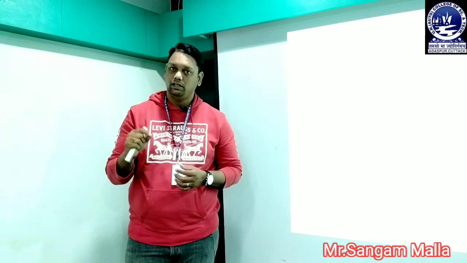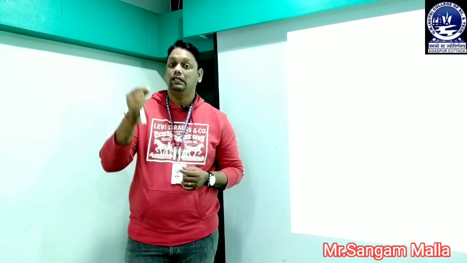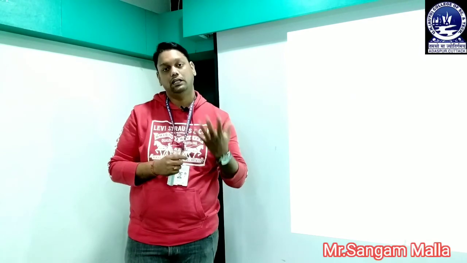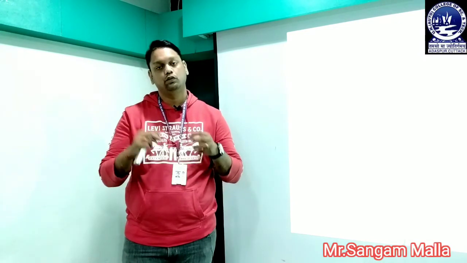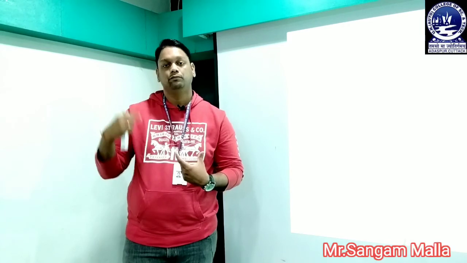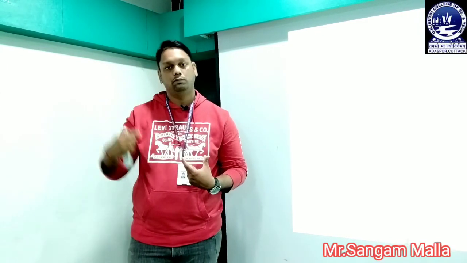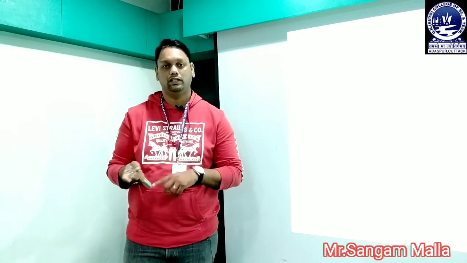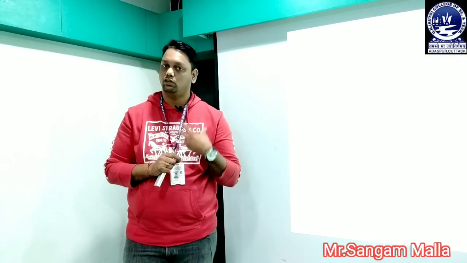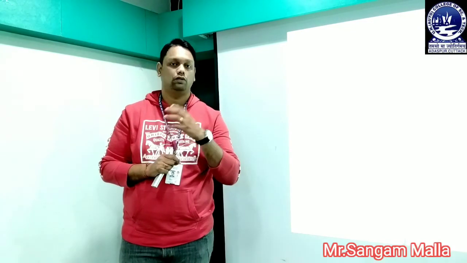Similarly, whenever we want to give numbered bullets, there are different types of numbers. We can give 1, 2, 3, 4, we can give ABCD, capital ABCD, small abcd, and Roman numerals. Roman numerals start with triple I. There are capital Roman numerals and small Roman numerals. So different types of numbered bullets can be given to a particular text, or to emphasize a text in a document, with the help of the ordered list.